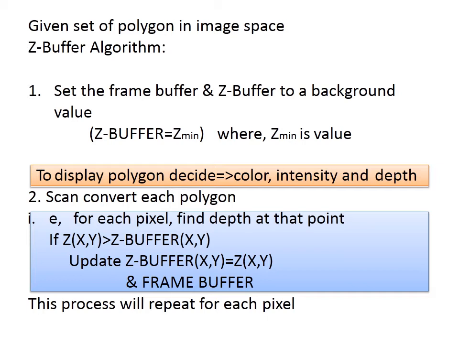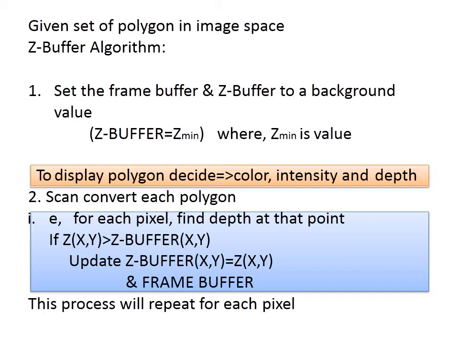It can convert each polygon. For each pixel, find depth at that point. If Z xy is greater than Z buffer xy, update Z buffer xy with the value of Z xy and update the frame buffer. This process will repeat for each pixel.